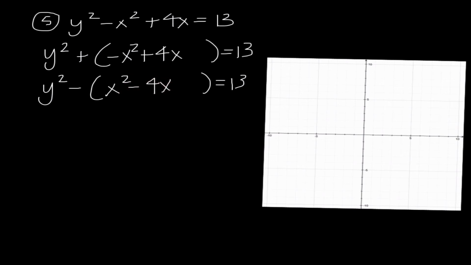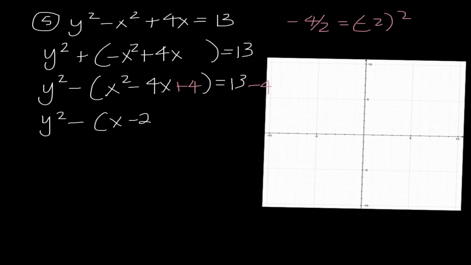Now when I complete the square, negative 4 divided by 2 is negative 2, and squaring that I get 4. However, when I balance this, negative times 4 is negative 4, so that's what I have to add to the other side. So I get y squared minus x minus 2 squared equals 9.